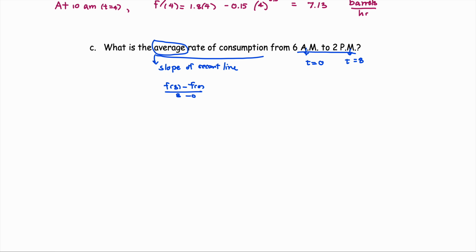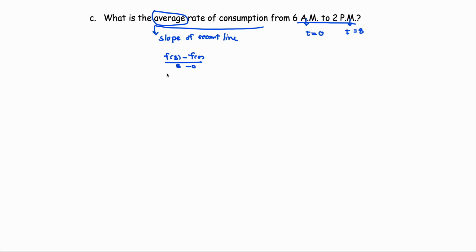Alright, let's do the last one. So we got the setup. That means we're going to need F(0) and F(8), and then put them back into the setup that we did earlier. Recall F(t) is given by 0.9t² minus 0.3t^0.5 plus 20.